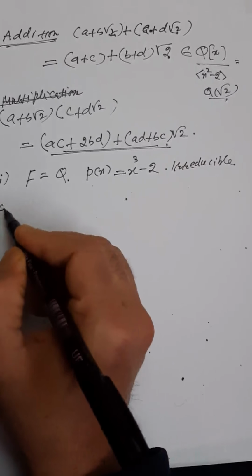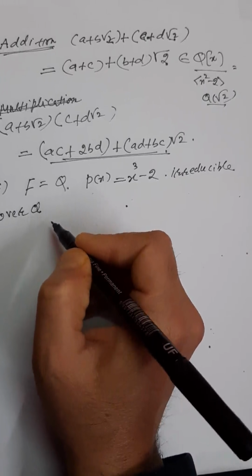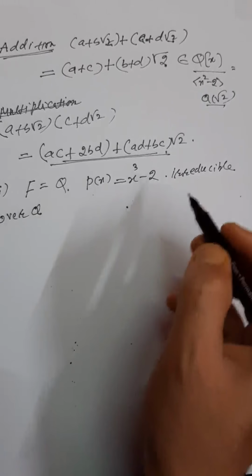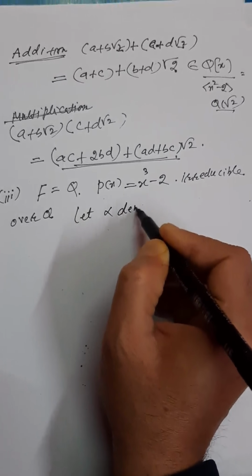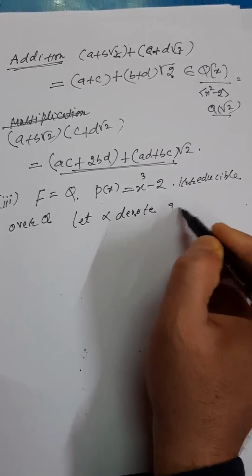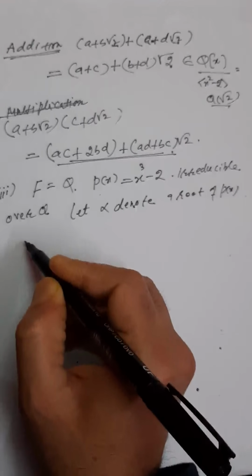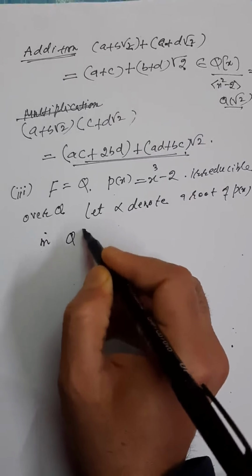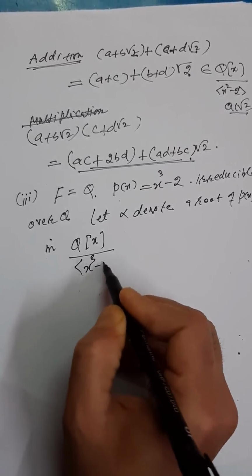So let alpha denote a root of p(x) in this extension Q[x] over the ideal generated by x³ − 2.